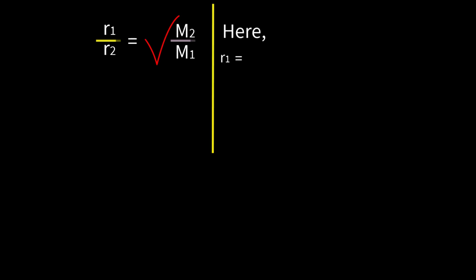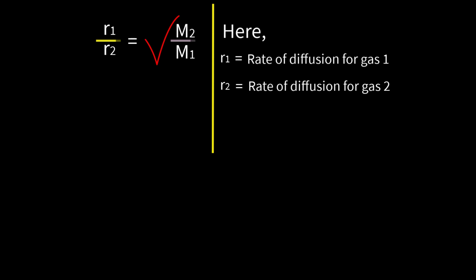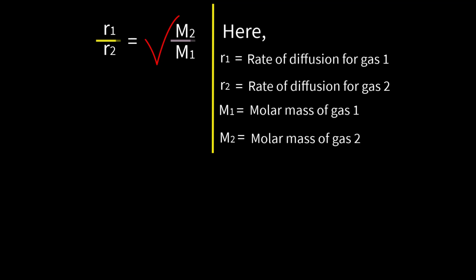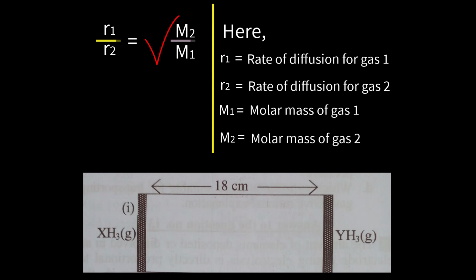Here R1 equals rate of diffusion for gas 1, R2 equals rate of diffusion for gas 2, M1 equals molar mass of gas 1 and M2 equals molar mass of gas 2.